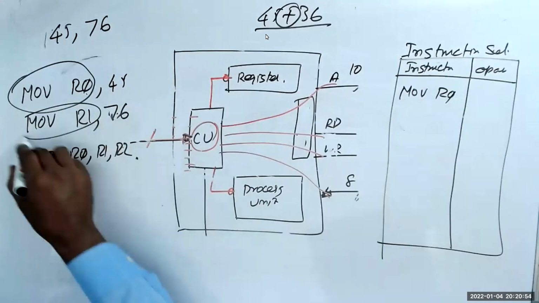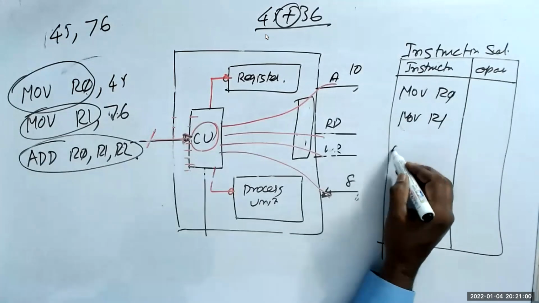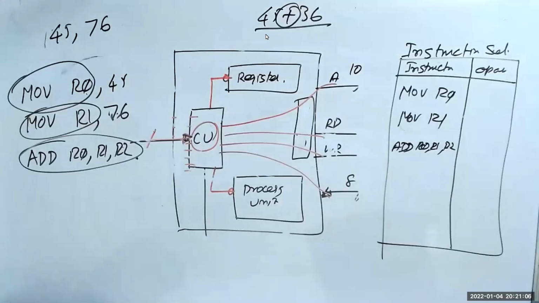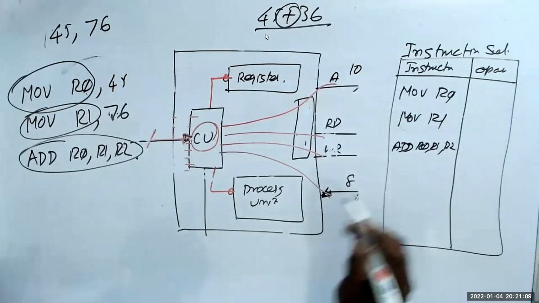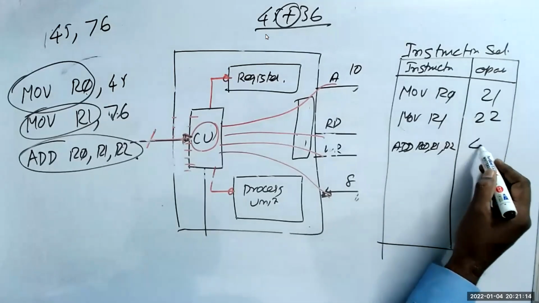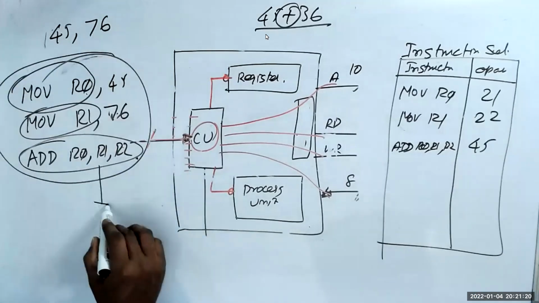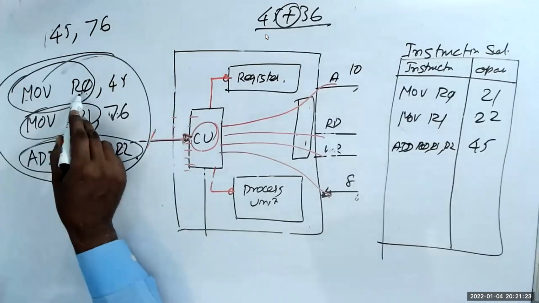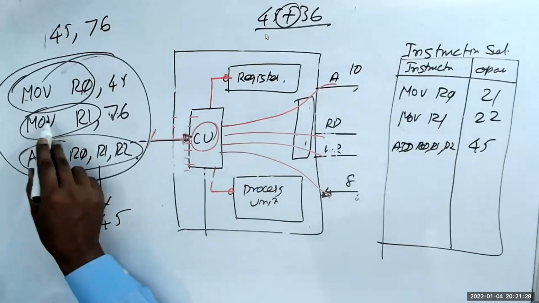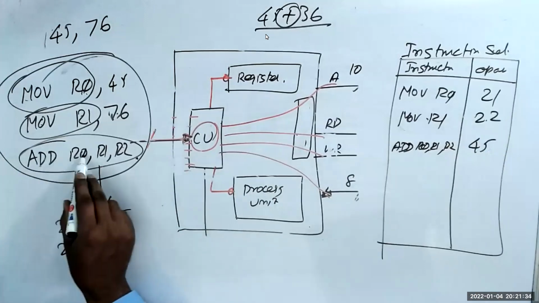Other one is move R1. Other one is add R0, R1, R2. For these, this company could have produced 21, 22, and 45. Now I convert this: move R0 means 21, so 21, 45. Then move R1 means 22, so 22, 76. Add R0, R1, R2 is 45.